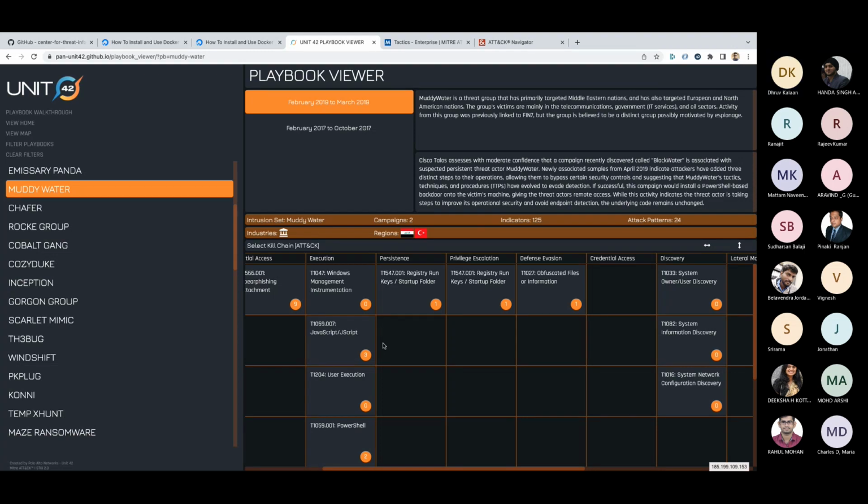What STIX and TAXII feeds do is provide us all this technical information in terms of tactics and procedures. But how do they get information in terms of mapping what a group is doing to tactics and techniques? It is some analyst who's sitting here and actually doing it.